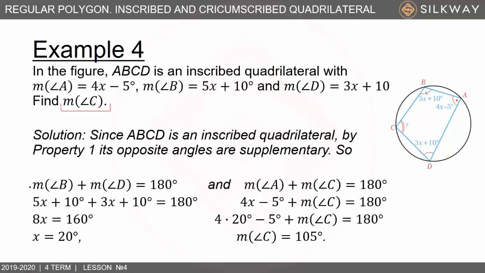We just add two opposite angles and equate to 180 degrees. And then we just solve this equation. x is equal to 20. After that, we know that the measure of angle A plus the measure of angle C will be equal to 180 degrees, and we don't know the measure of angle C. And here, if we put in x equals 20, the measure of angle C is equal to 105 degrees.